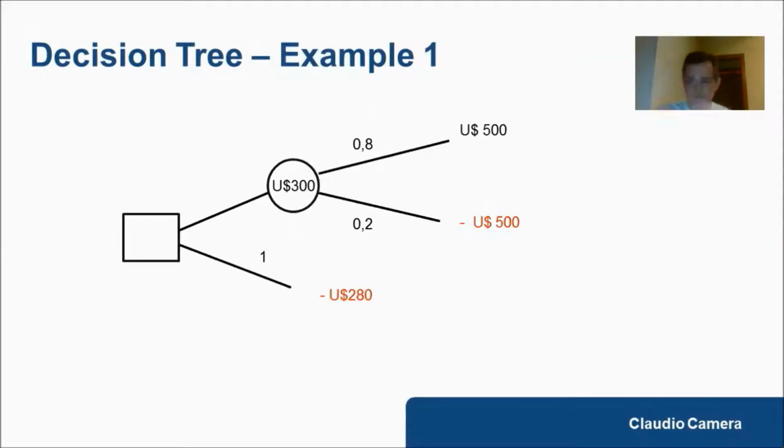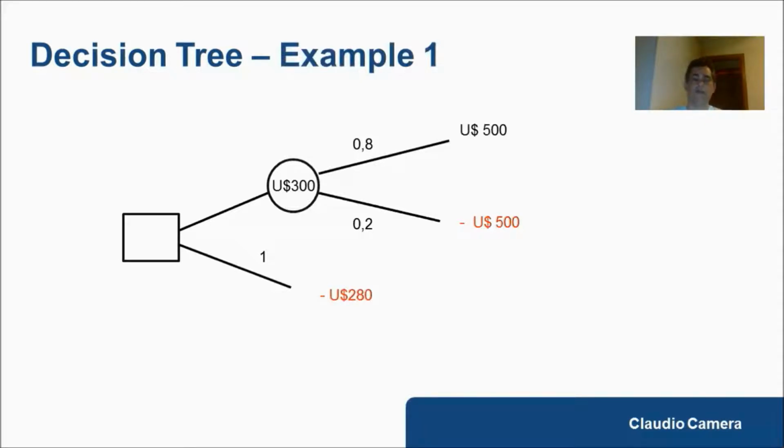In example one, the situation I gave you a few pages ago, we have here the decision point, and the value and the state are already put in. Here we have the possible outcome of you win $500 with the corresponding probability in the main branch of 80%.